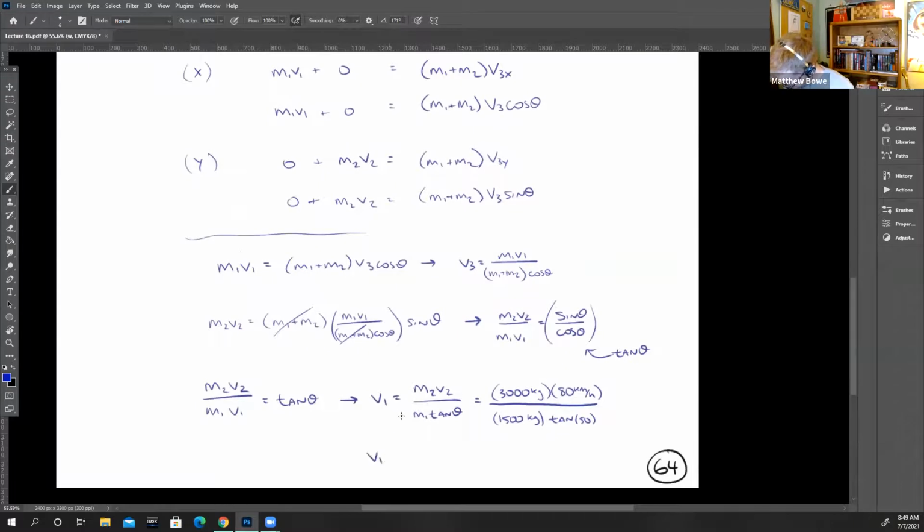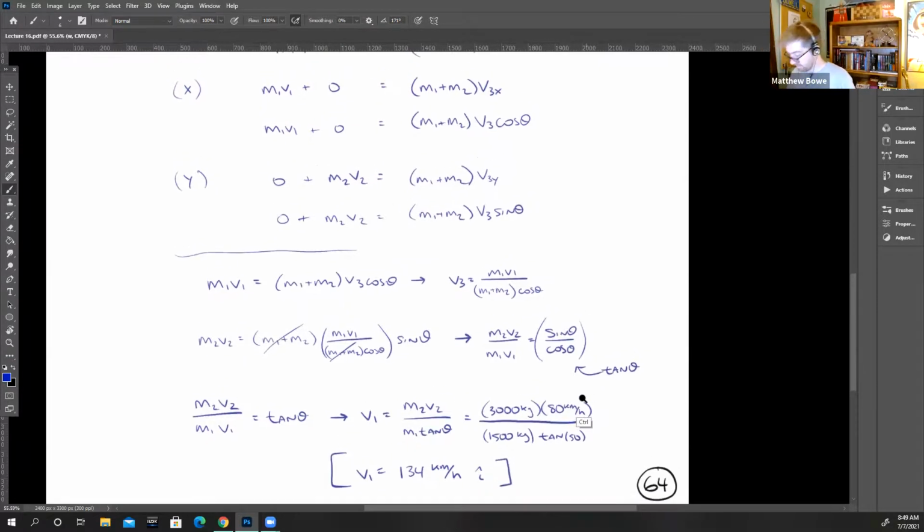Let's put at the very bottom, V1 equals 134 kilometers per hour. And I should put the angle I have right there, since it is completely horizontal.